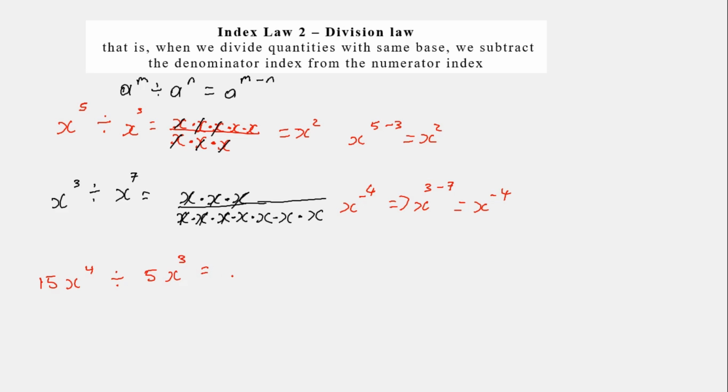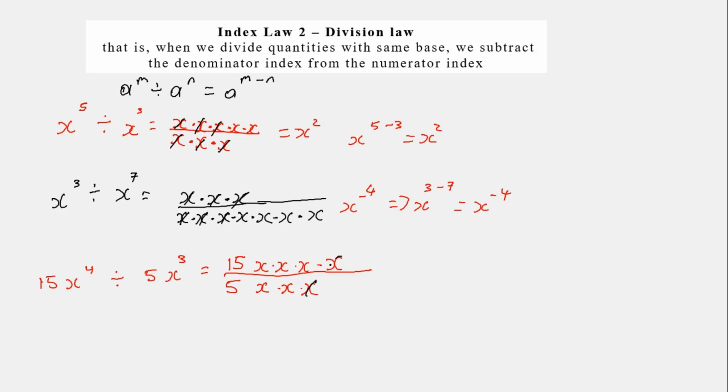Let's rewrite this as 15 times x, x, x, x over 5 times x, x, x.